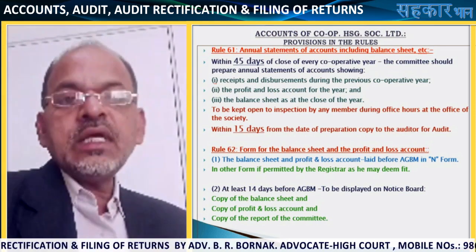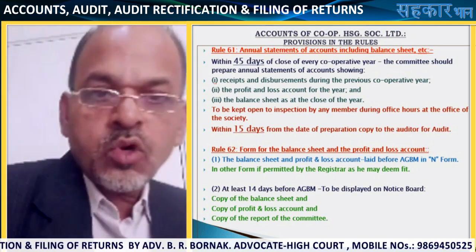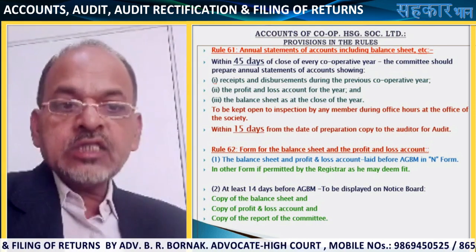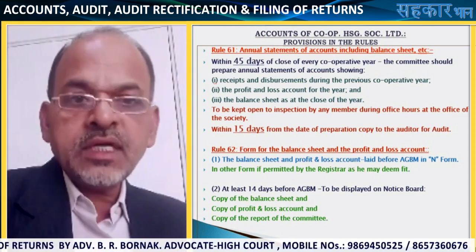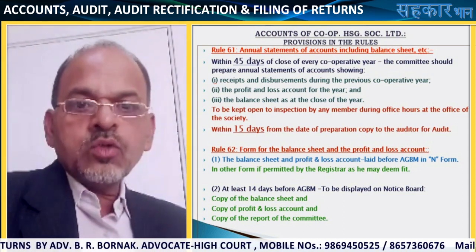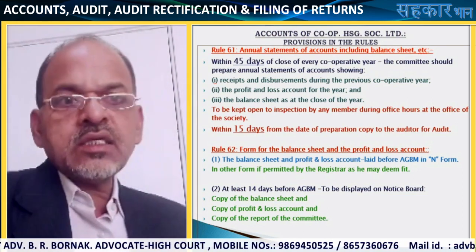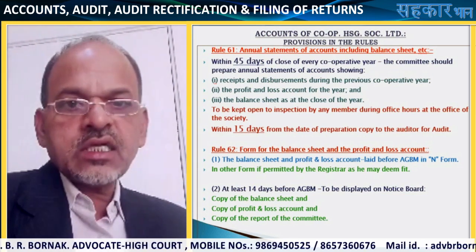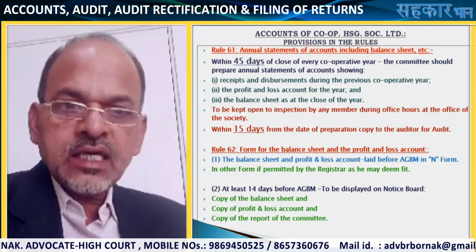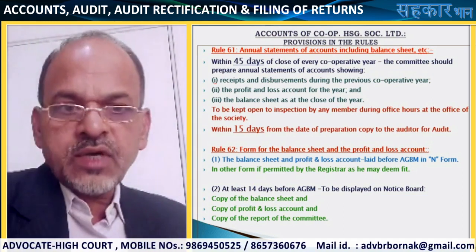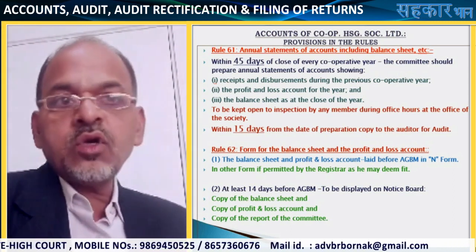That is why prior to that period, at least 14 days before, the managing committee is required to display a copy of the balance sheet, a copy of the profit and loss account, and a copy of the report of the committee. These three documents the managing committee is responsible to display on the notice board of the society at least 14 days before the annual general body meeting.